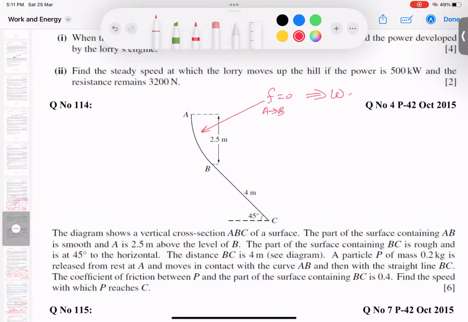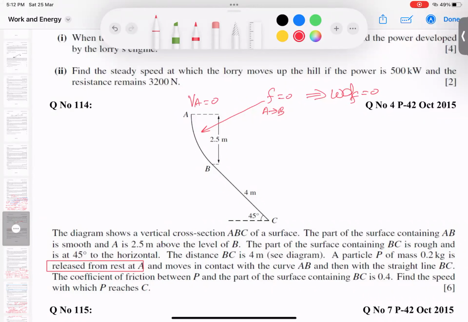If friction is zero, then work done by the friction force is zero for sure. He's saying that this 2.5 is the height from A to B, and part of the surface is rough. So BC is rough. The angle is given as 45, the distance BC is 4, and the particle mass is 0.2, and it is released from A. I discussed many times that whenever the word release comes, the velocity at A is for sure zero.